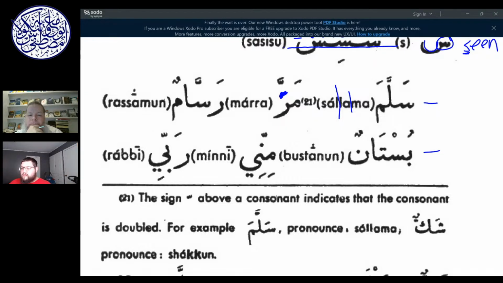Minni. Yeah, minni. Exactly. Here's a word you're going to get a lot. This next word coming up, you're going to see it a lot in reading Quran. Rabbi.